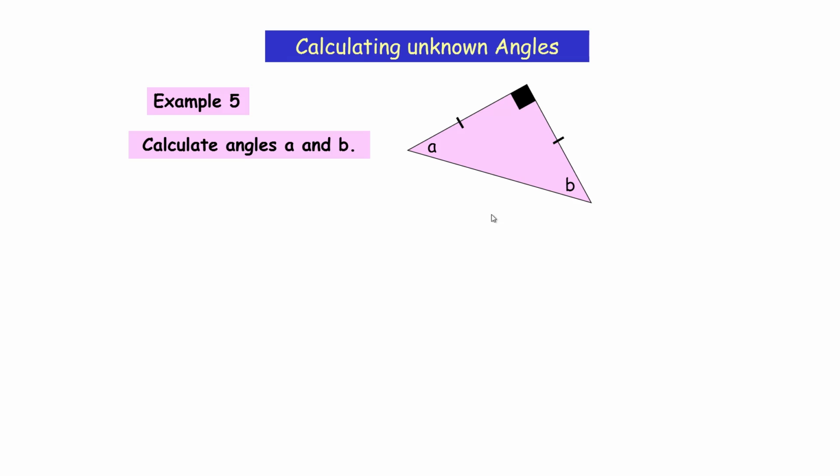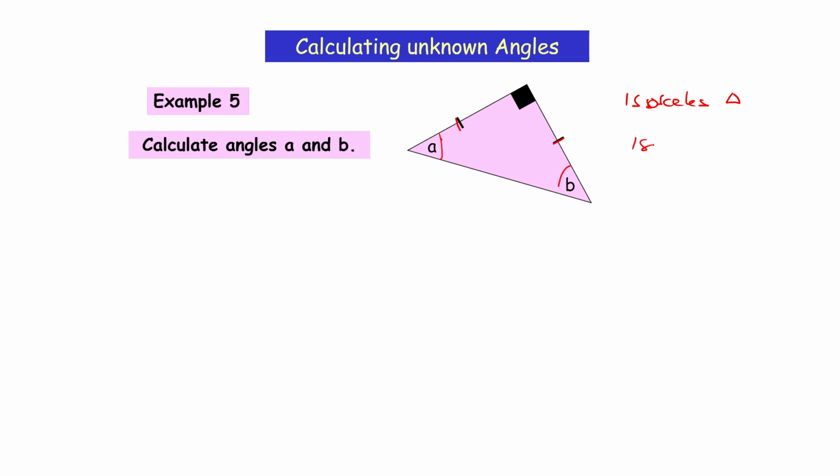Okay, in this example, again we've got an isosceles triangle. We know that because that side equals that side, so it's isosceles. That means that A and B are going to be the same. The two sides are the same, the two angles are the same.